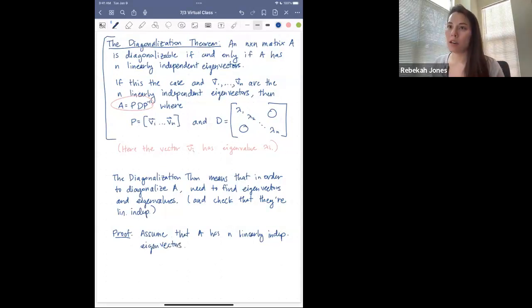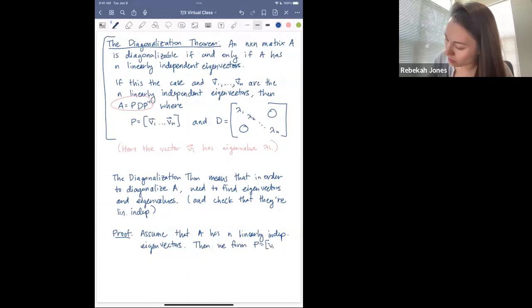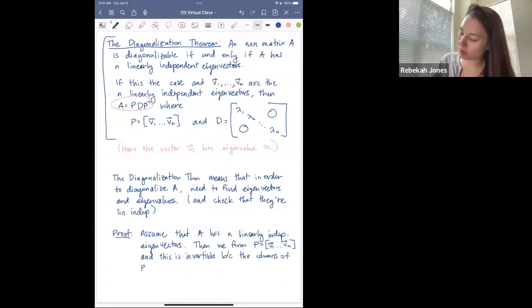Then what we do is we form P as we discussed above, so we make a matrix with columns v1 up to vn. And this is going to be invertible because we know that the columns are linearly independent. So that's by the invertible matrix theorem.